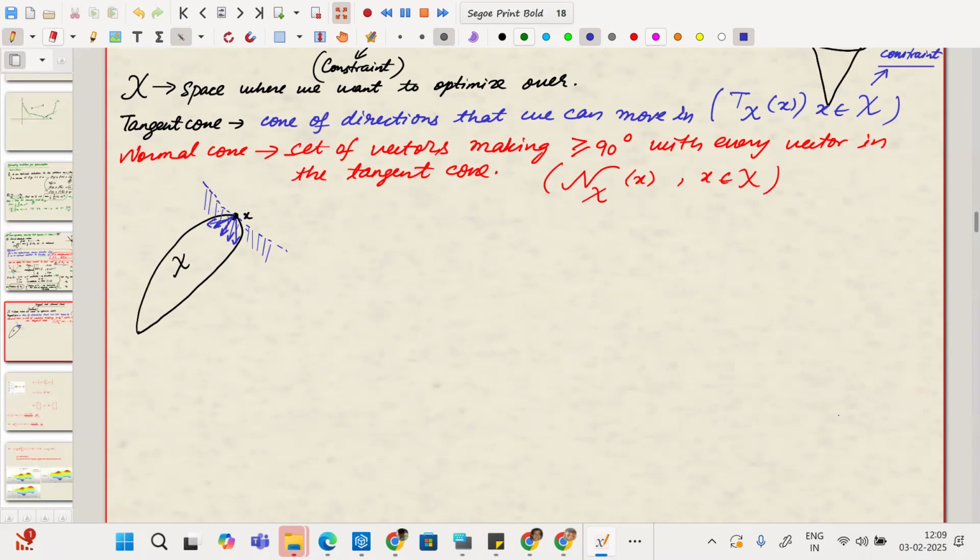But then what should be the normal cone? Exactly. Pointing where? Yes, exactly. 90 degrees to that plane, 90 degrees to that tangent. So it should be.